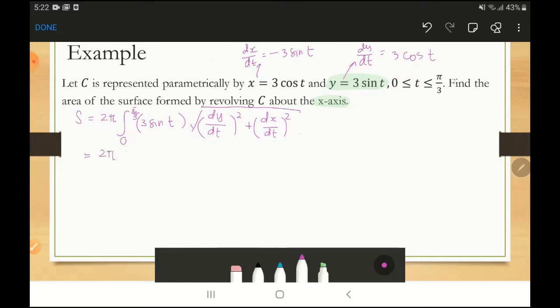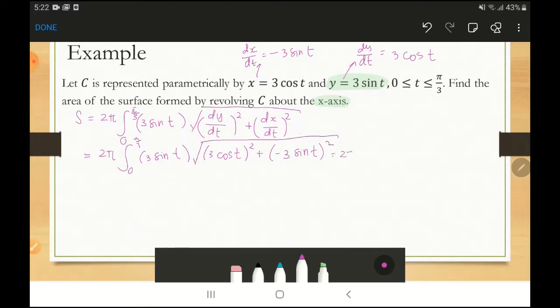It's 2 pi times the integral from 0 to pi over 2 of 3 sin t times the square root of (3 cos t) squared plus (negative 3 sin t) squared.